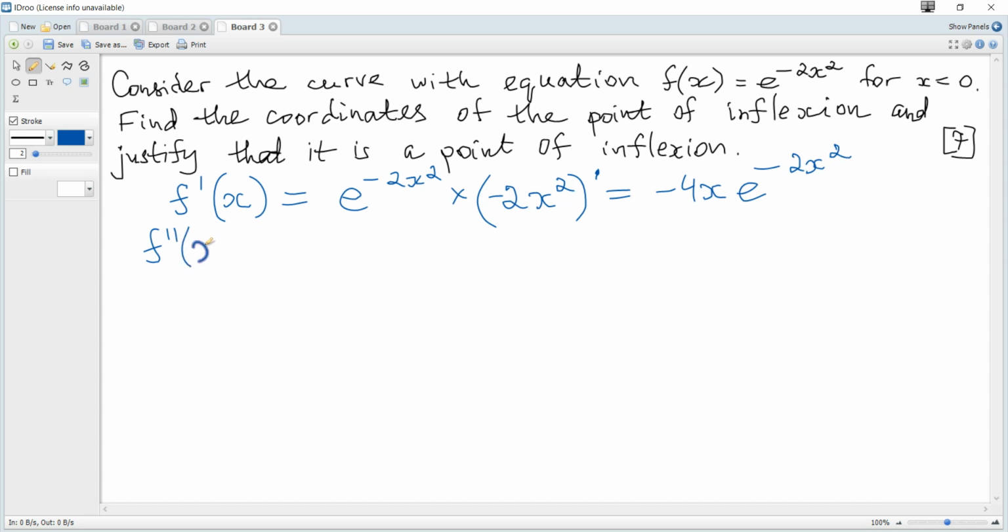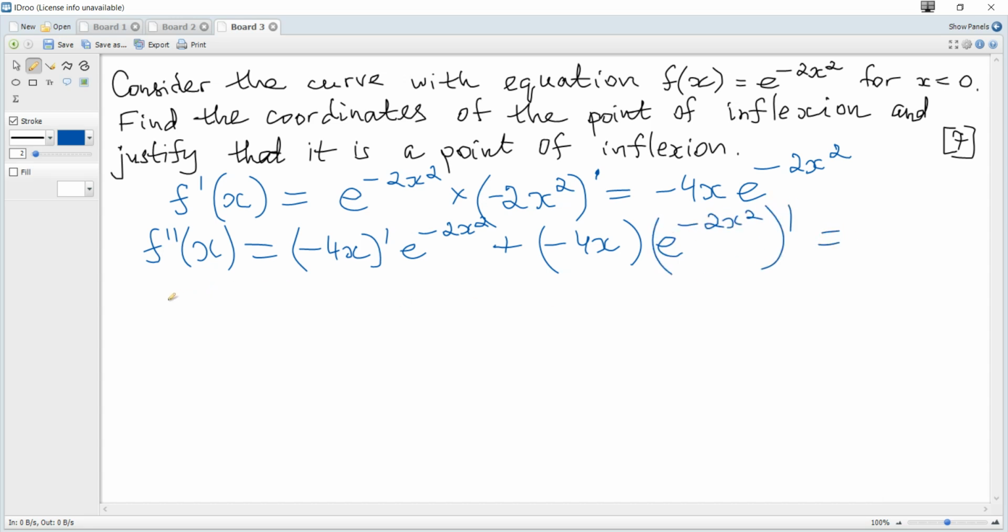Hence the second derivative is the derivative of this function, and here we can see it's a product, so we apply the product rule. It says negative 4x times the derivative of e to the power of negative 2x squared, plus the derivative of negative 4x times e to the power of negative 2x squared.